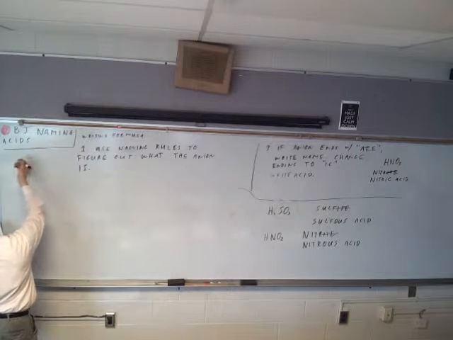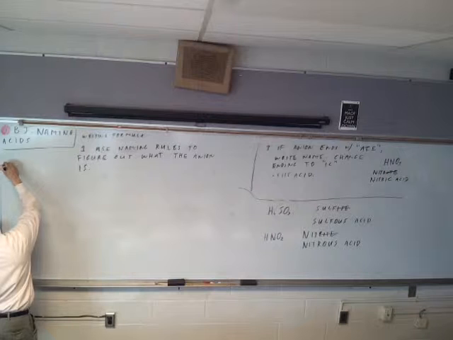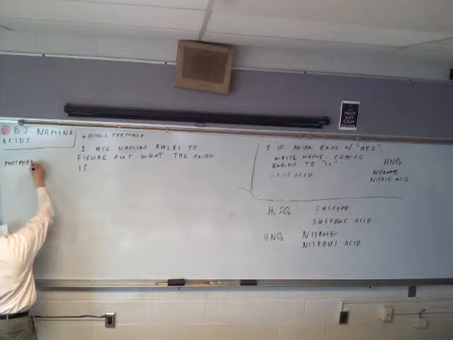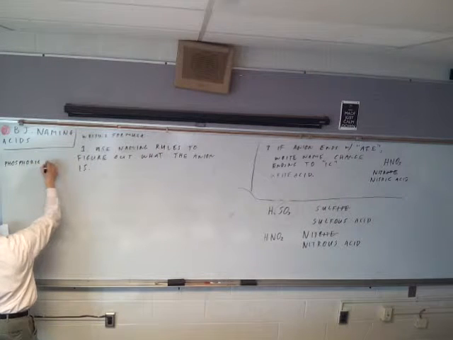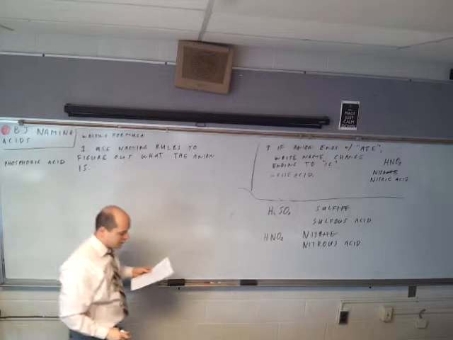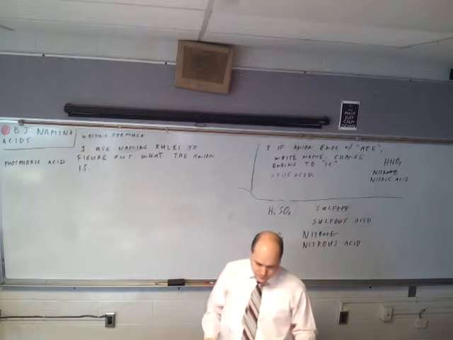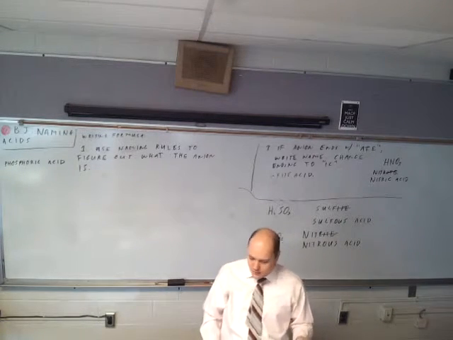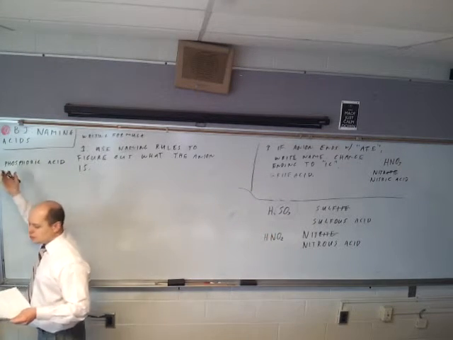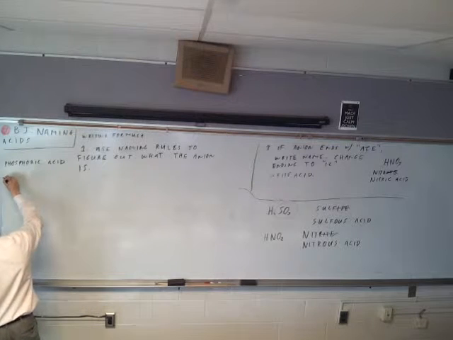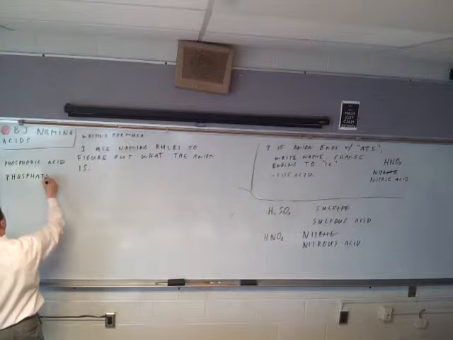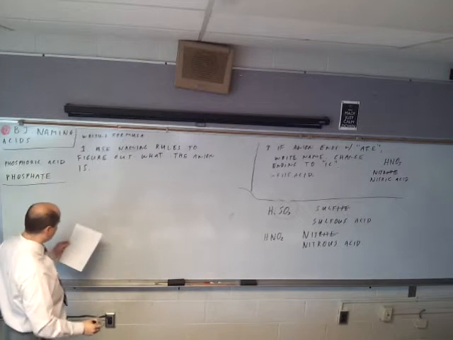If I said phosphoric acid, what would the anion be in that? Phosphate, right? It has IC at the end, but it doesn't have hydro at the beginning, so it has to end with ATE. So the anion must be phosphate. Okay, so that's step one.